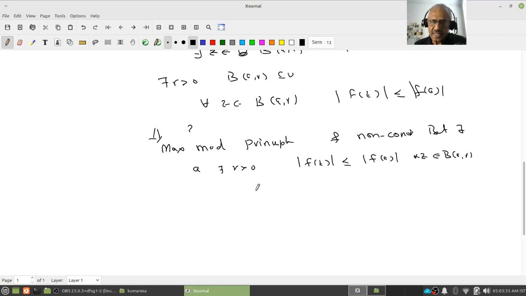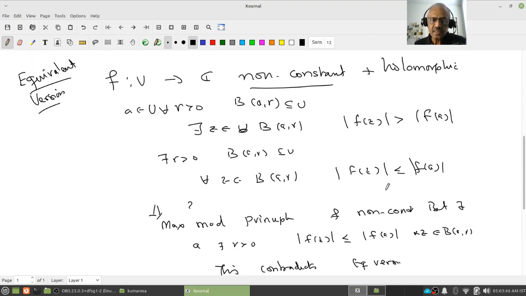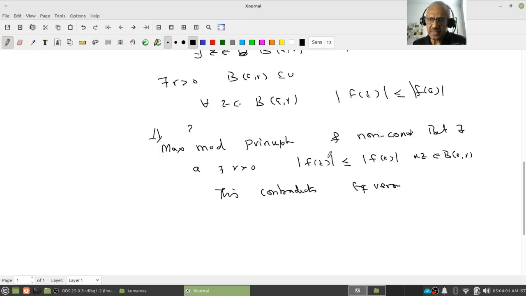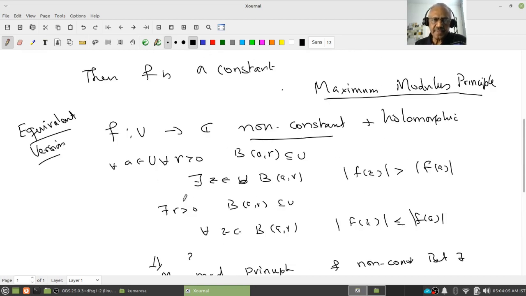But then this contradicts our equivalent version. Why? Because it said, for every r positive so that B(a, r) is contained in U, I can always find a z in B(a, r) so that mod f(z) is greater than mod f(a). So this contradicts. Let me repeat.